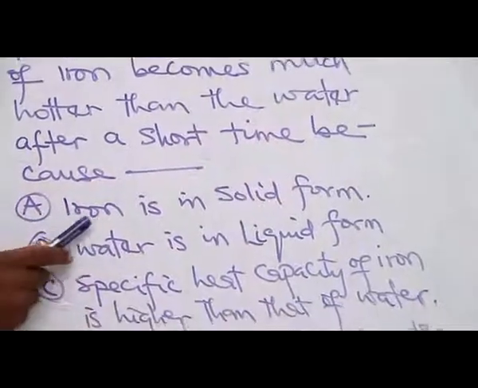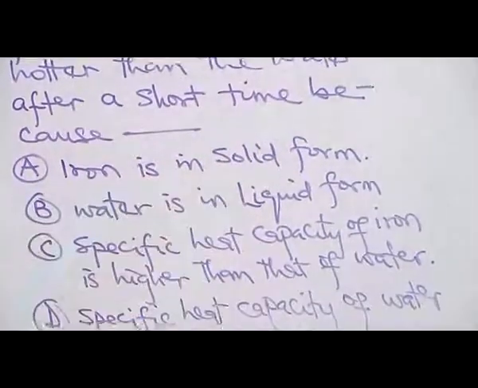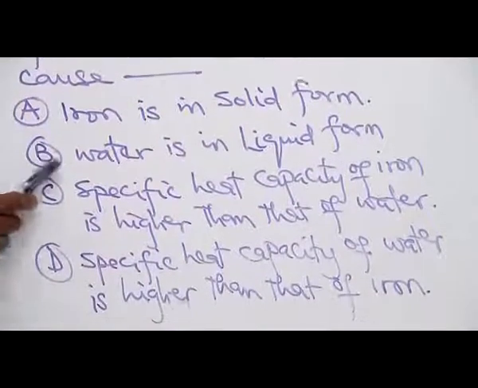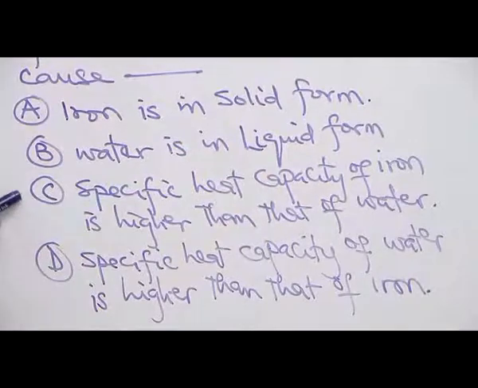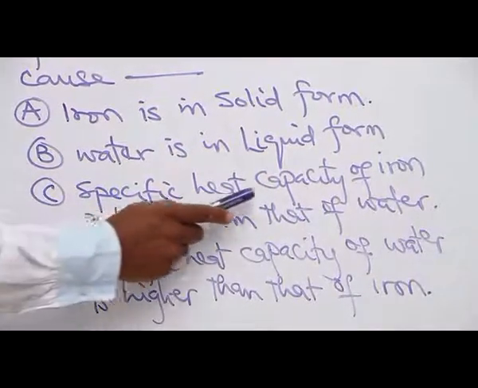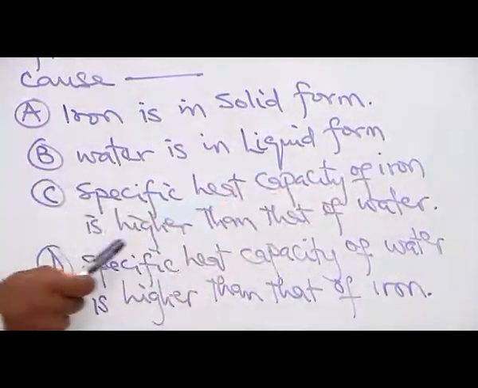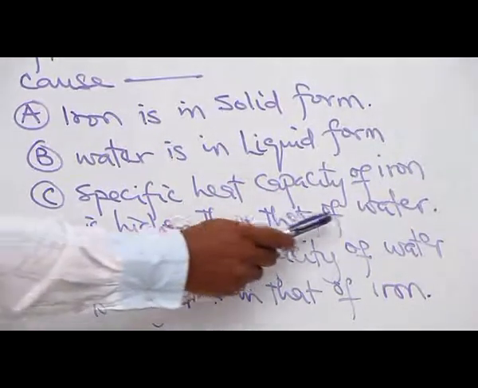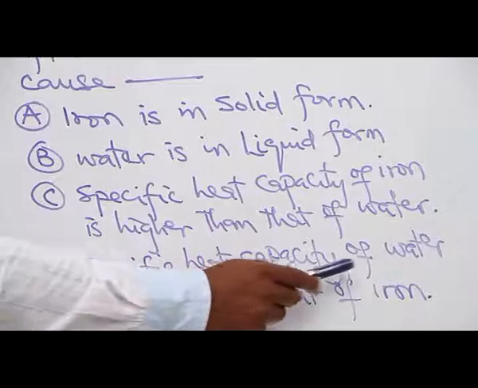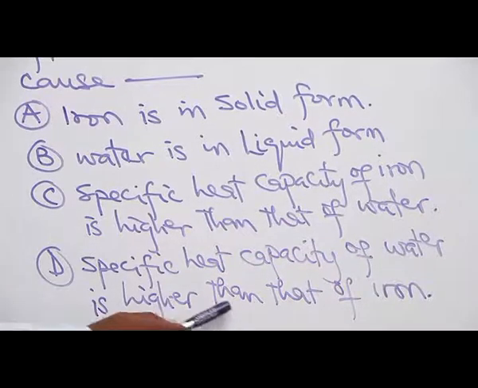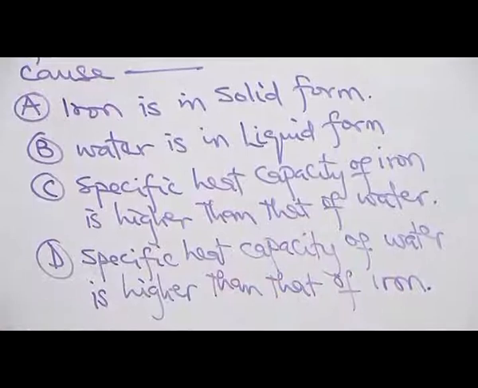A. Iron is in solid form. B. Water is in liquid form. C. Specific heat capacity of iron is higher than that of water. D. Specific heat capacity of water is higher than that of iron.